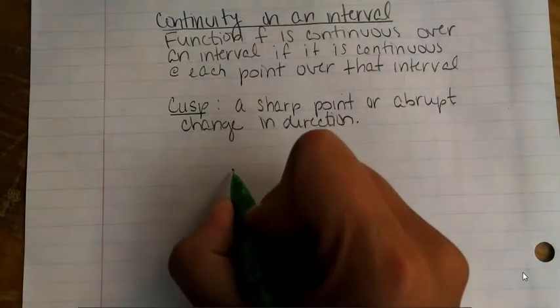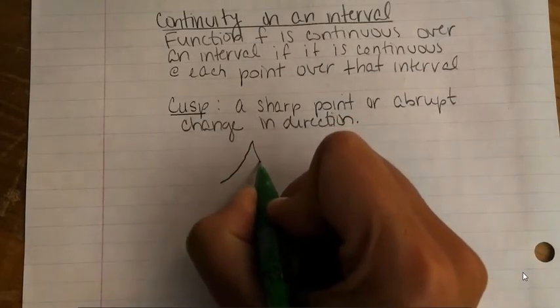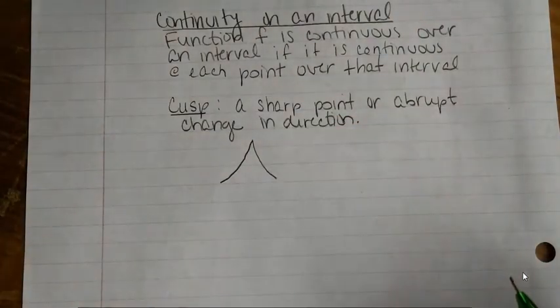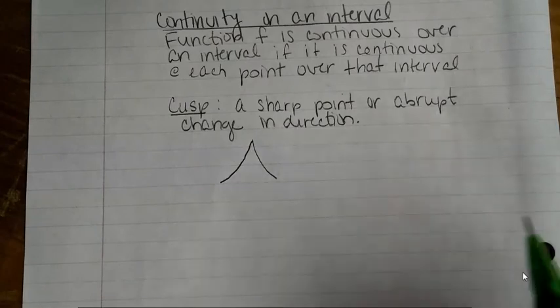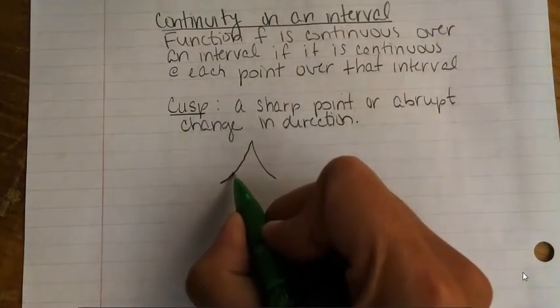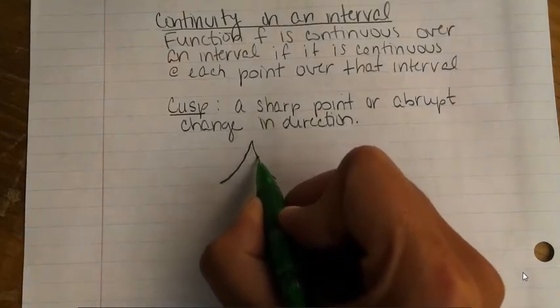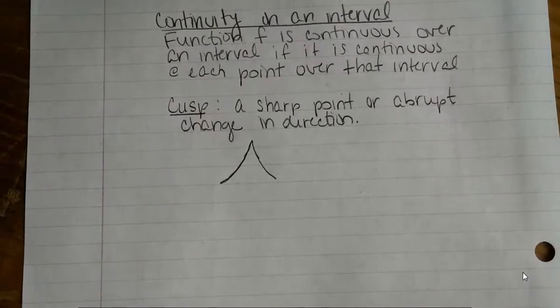So the one I drew before looked like this. So this is continuous, okay? So I can draw my pencil or trace over it without picking up my pencil. But the problem is that it does not have a derivative.